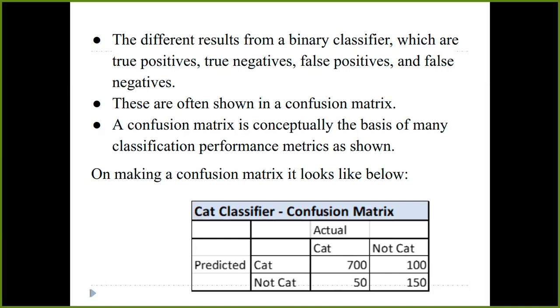Actually, my machine screen is not matching with my explanation. Wait a minute. Yes, here I was. So precision means 700 divided by 700 plus 100.